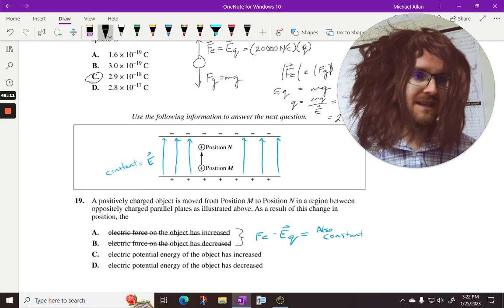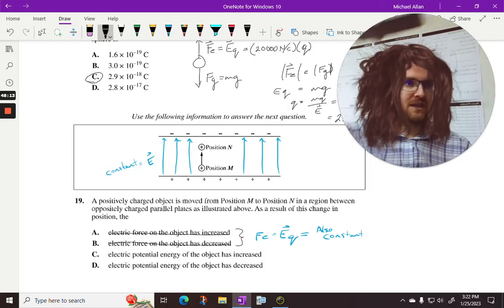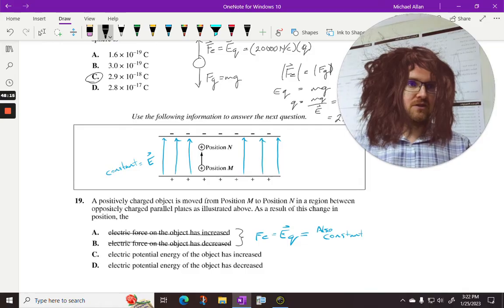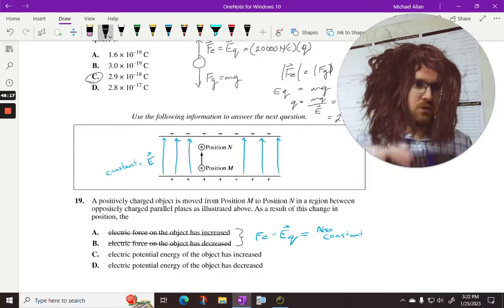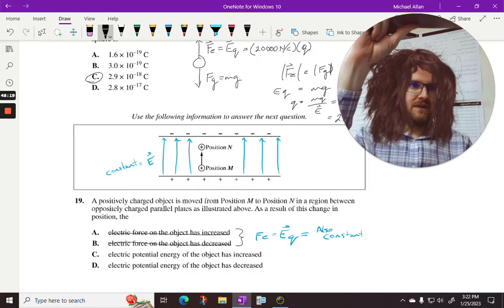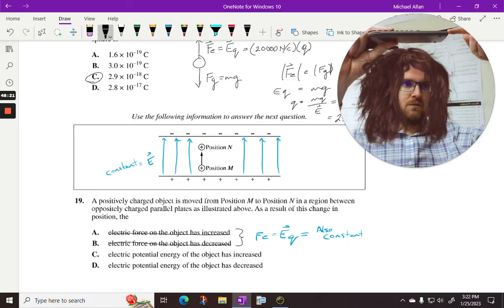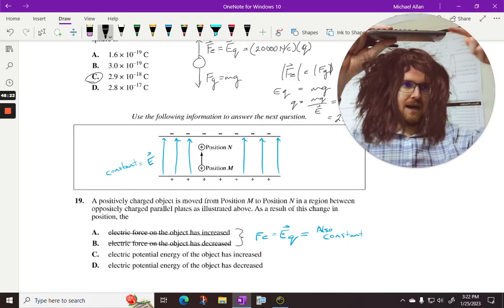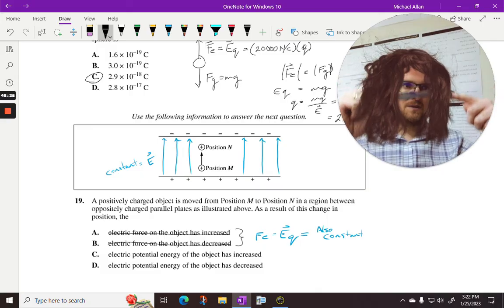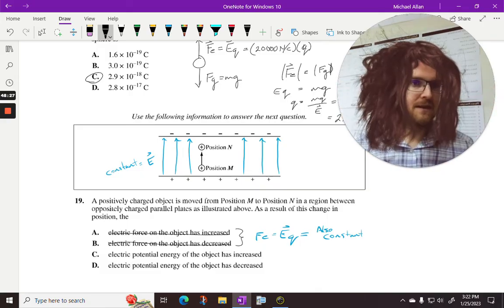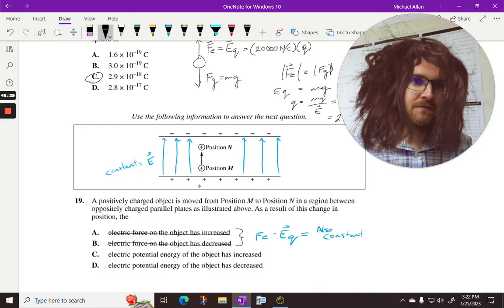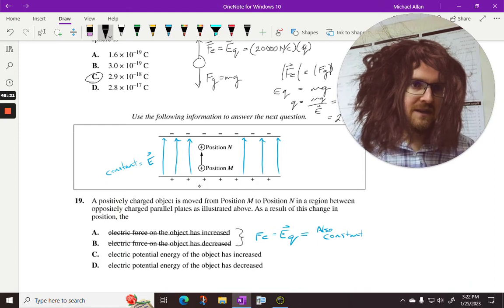Now potential, that's the energy. It's like me dropping an object. If I drop this object, its energy is going to change as it moves towards where it wants to be. Like this calculator up here wants to be down here. It has high gravitational potential energy. As it drops down, it loses its potential energy because it's going to where it wants to go. Here, same thing. This is going to speed up.